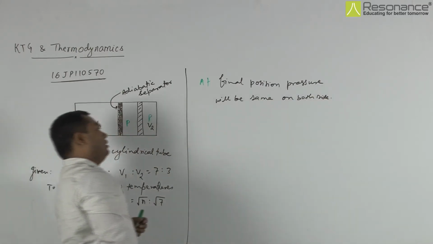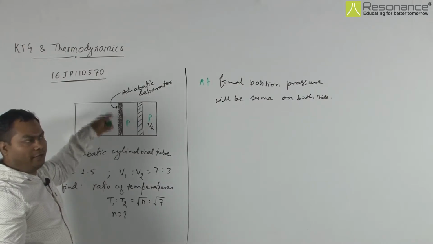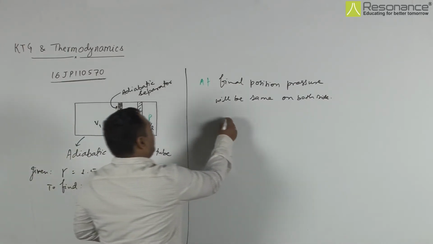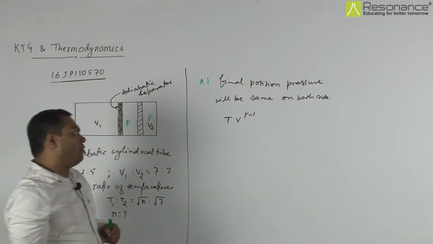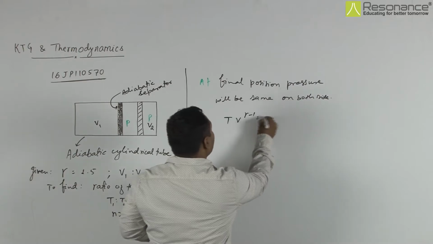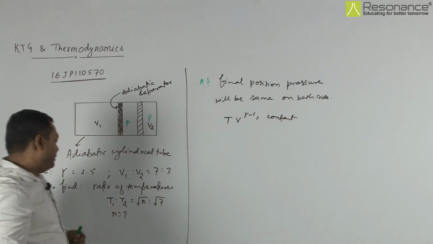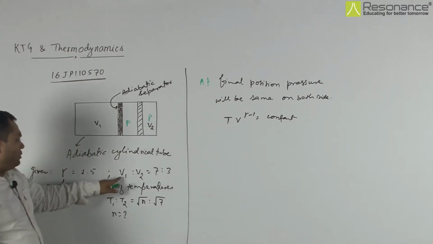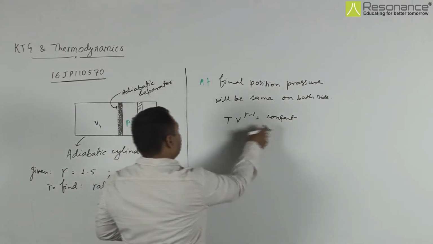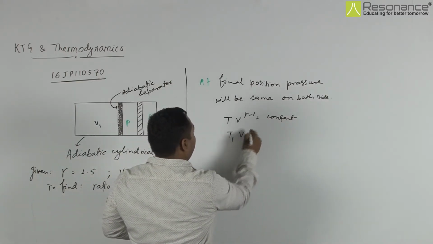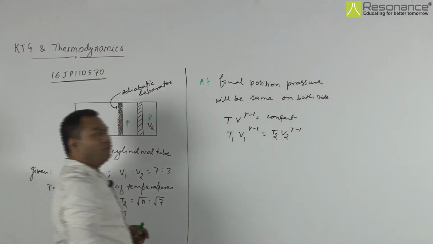That is, you can say pressure is constant, and this is doing an adiabatic process, so the equation will be T V to the power gamma minus 1 equals constant. So by using the data, here you see V1 is to V2 is 7:3, TV gamma minus 1 is constant, so we can write T1 V1 gamma minus 1 equals T2 V2 gamma minus 1.